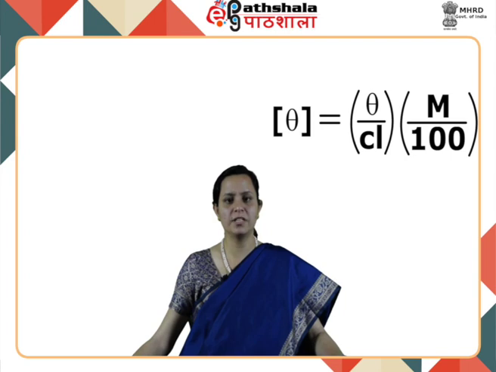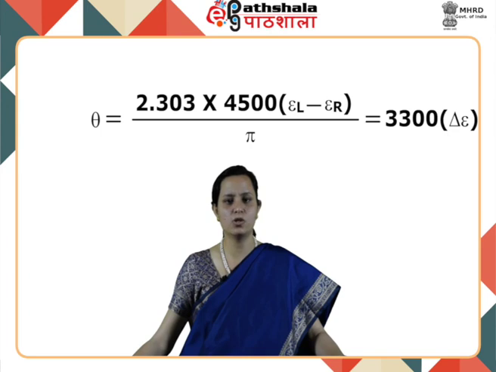Now, the molar ellipticity of the sample is given by theta equals theta divided by CL into M divided by 100, where C is the concentration in moles per liter, L is the path length in centimeters, and theta is the measured ellipticity, in terms of the extinction coefficient, where K is equal to 2.303 epsilon into C. The equation can now be rewritten as theta equals 2.303 into 4500 epsilon L minus epsilon R divided by pi, which equals 3300 delta epsilon.